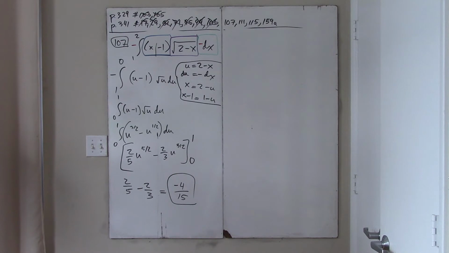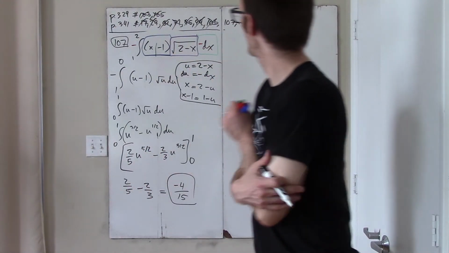But I guess it is going to be positive, so I must be wrong. Alright, somewhere I made a sign error. I don't want to waste your time anymore finding it.